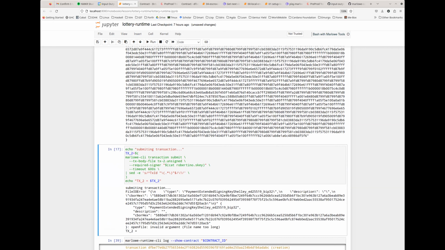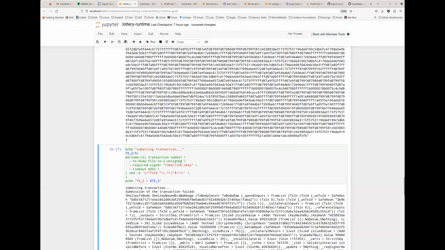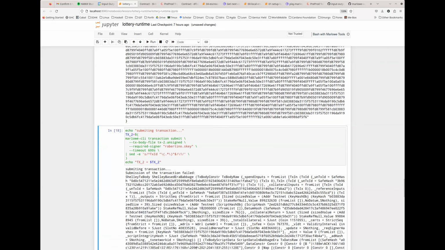Why? In the file, maybe. It says invalid argument, file name too long. Ah, it must be the file name. It must not be the key itself. It seems it takes the file name. Oh, now it's kind of the same error I just got.